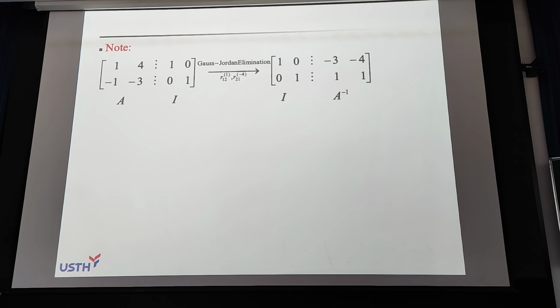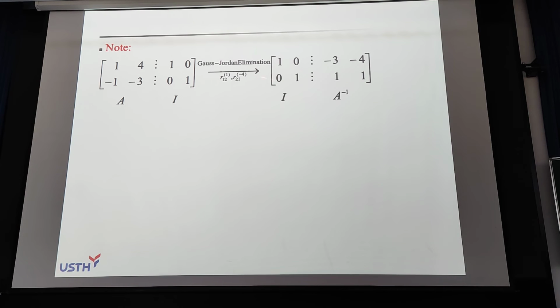However, if you do as I explained to you before, we can do it as follows. We write the coefficient matrix A which is here, and on the right hand side of A, we write the identity. Now we apply the Gauss-Jordan elimination by that operation.